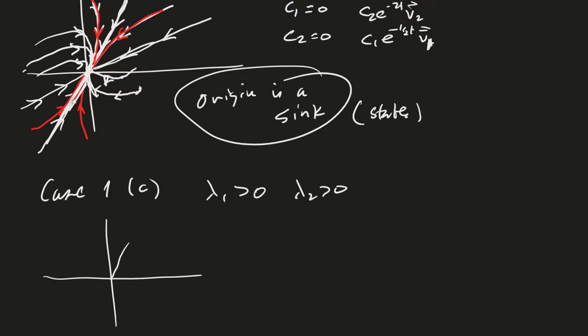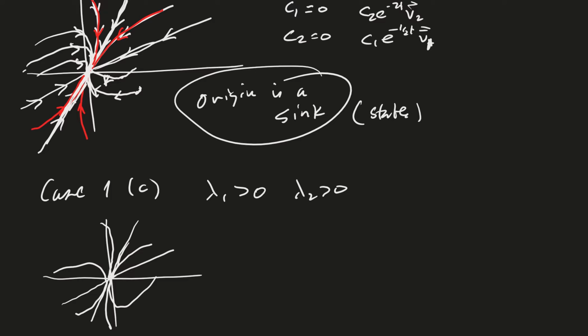That was v1 here and v2 there. So I'll go ahead and draw the v1 and v2 in here. And we said that solutions to the sink were coming in tangent to v1, and all the other solutions are coming in tangent to v1 like that, right?